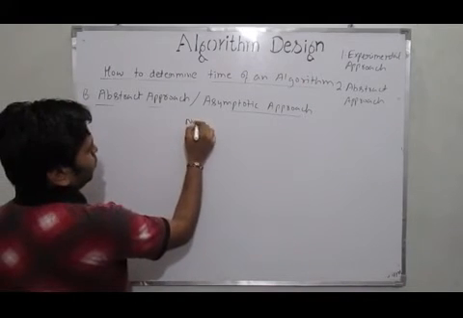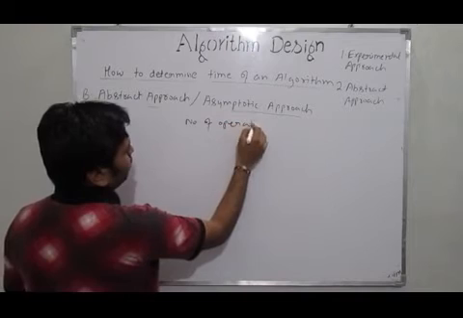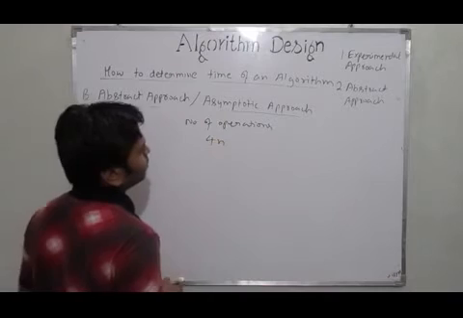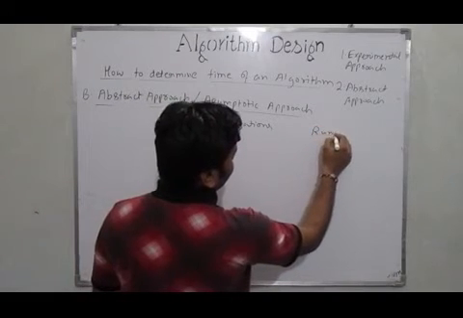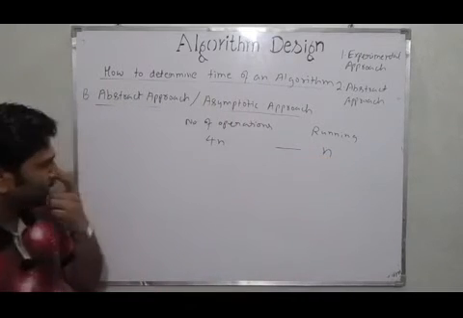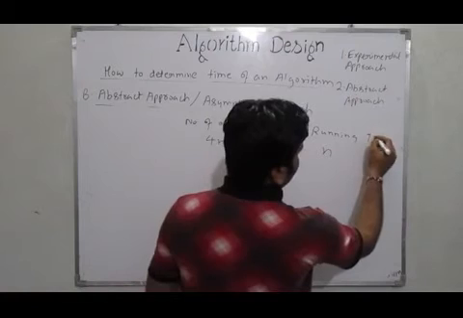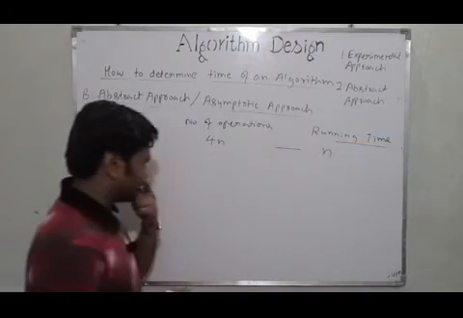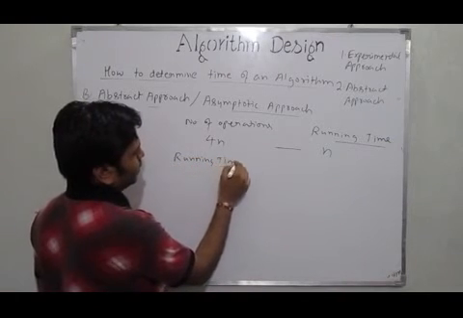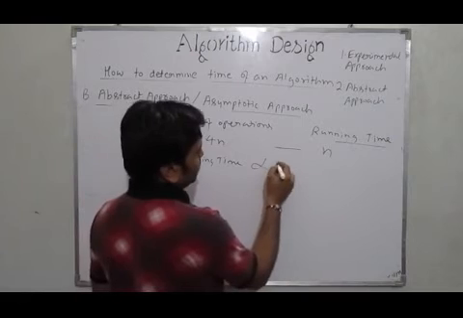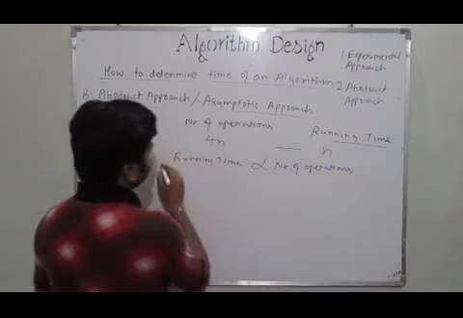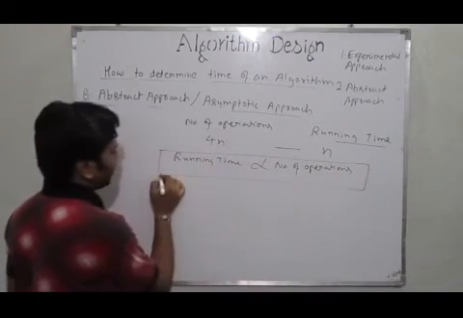Let us check that. The number of operations that we obtained in our previous example is 4n, and the running time that we would obtain would be n. Why? Because running time is directly proportional to the number of operations in the pseudocode approach.